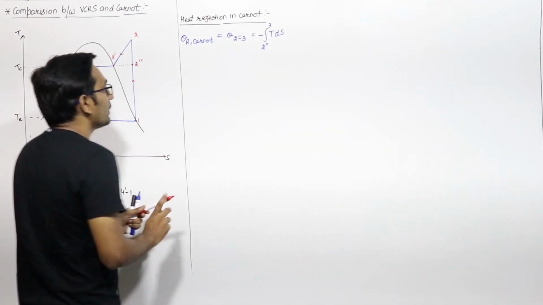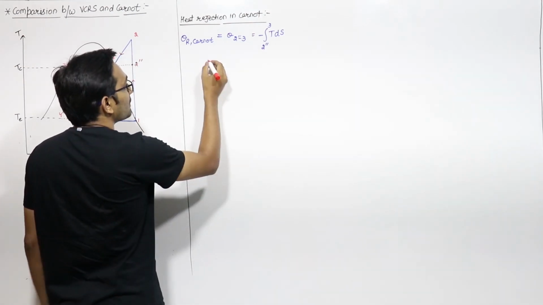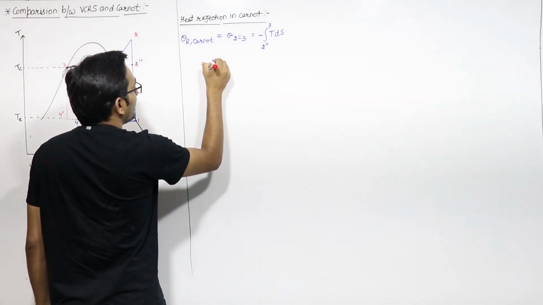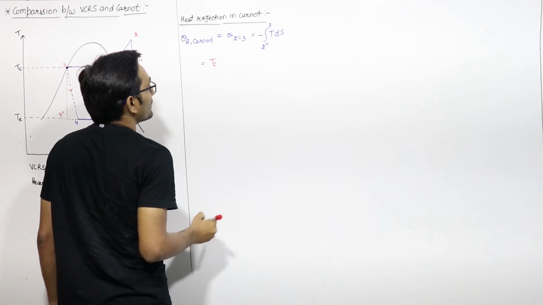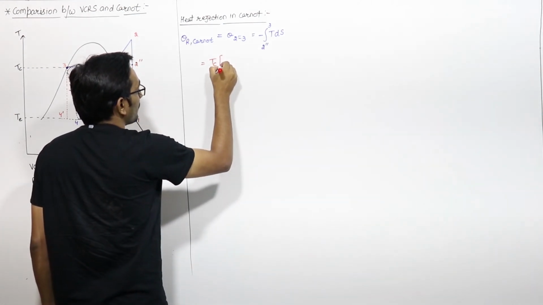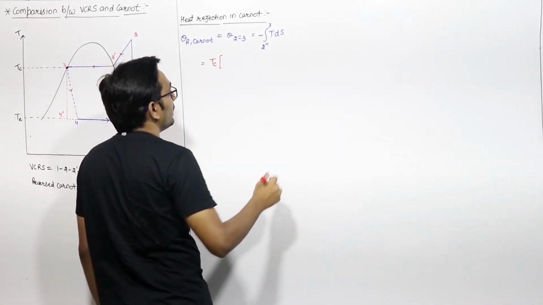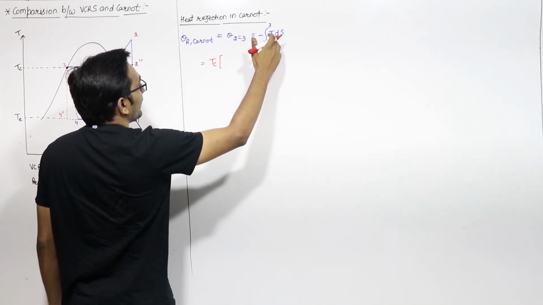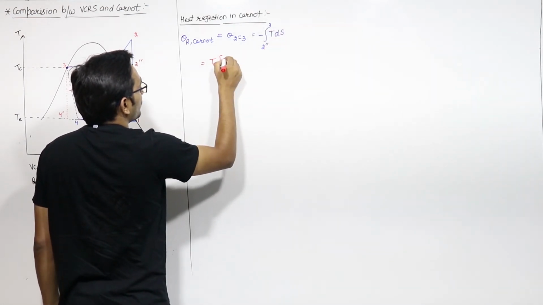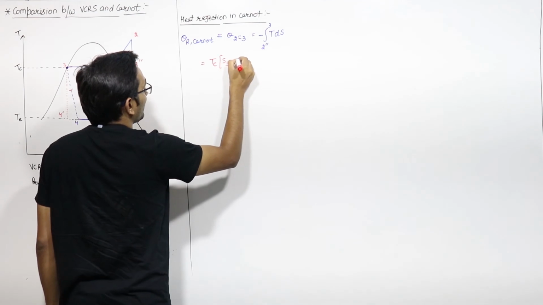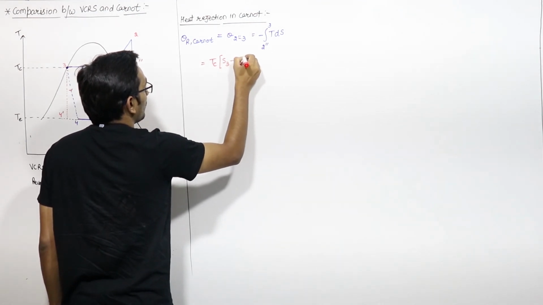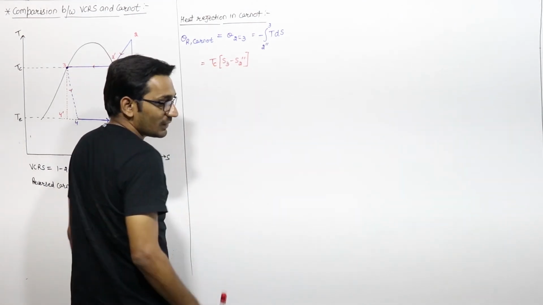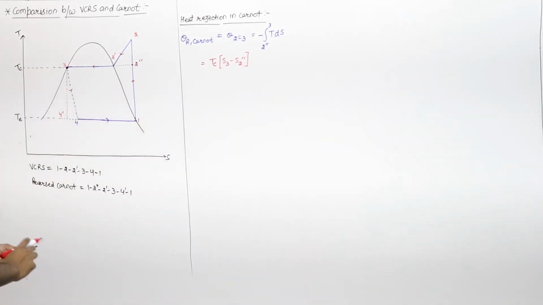So this will be equal to Tc, the condenser temperature, because T is constant in an isothermal process, into S3 minus S2 double dash.